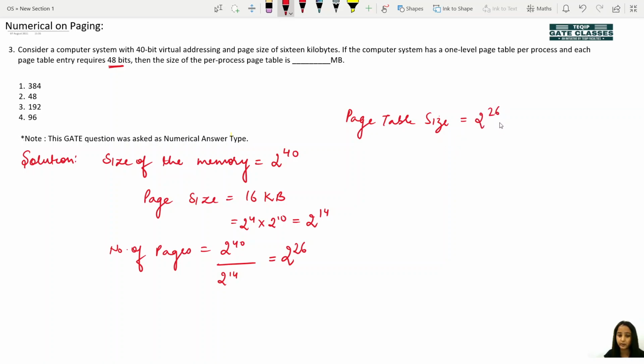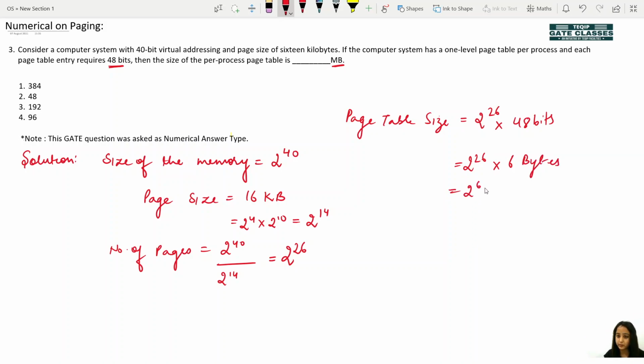Number of entries multiplied by 48 bits, but we have to get it in bytes because we want the answer in bytes. So 2 raised to power 26 into 48 divided by 8, that is 6 bytes.